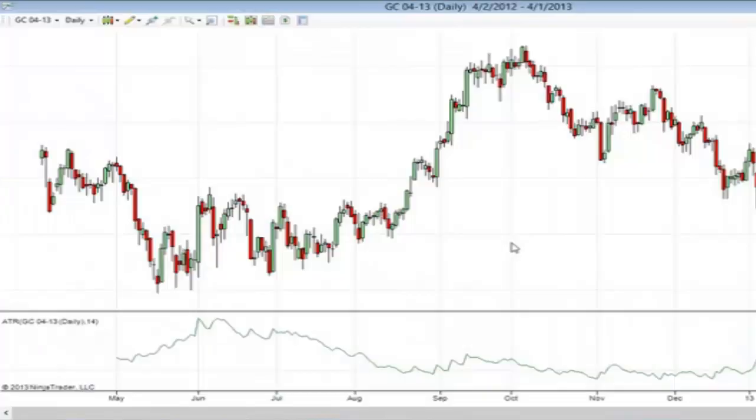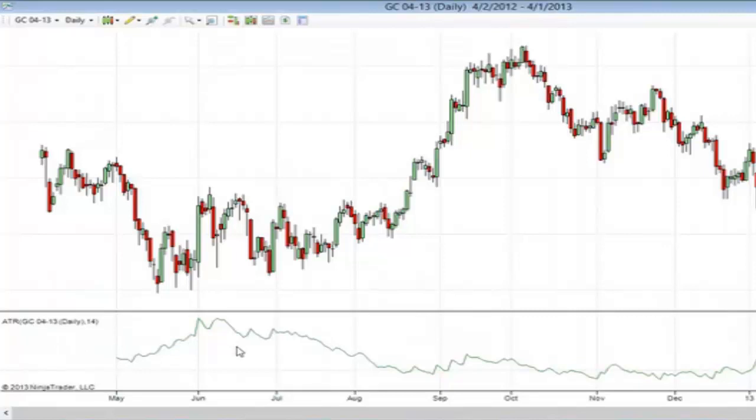On the chart of the GC, or the gold futures contract, what I've shown is just the price action in the form of candles and an average true range indicator. The charting platform that I'm using today is NinjaTrader. So what you have on this average true range indicator is a line going up and down.